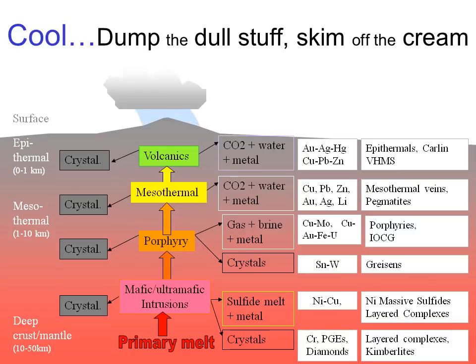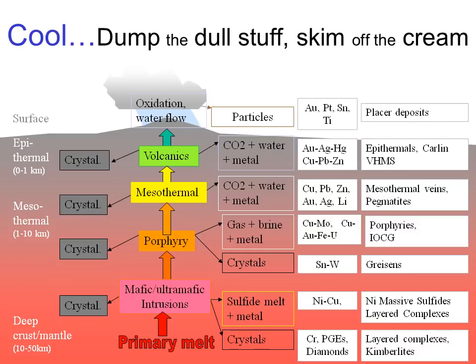Finally, when we get up to the surface and the surface rock is rained on and starts to weather, getting oxygen coming in from the atmosphere and water from the rain, those react with the rocks to break them down. And it can break down that rock into two forms. Either we can get particles, and the metals are gold, platinum, tin and titanium, and these are forming placer deposits, washed down in streams and concentrated by the water movement.